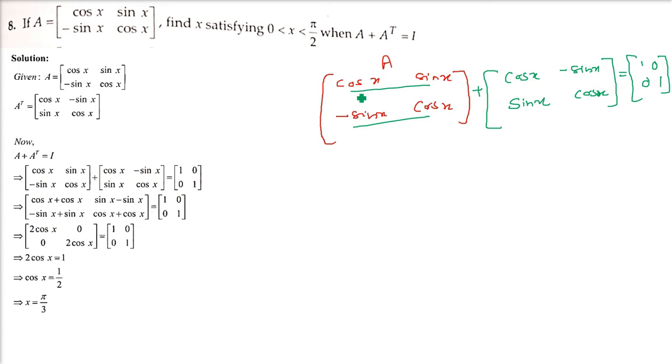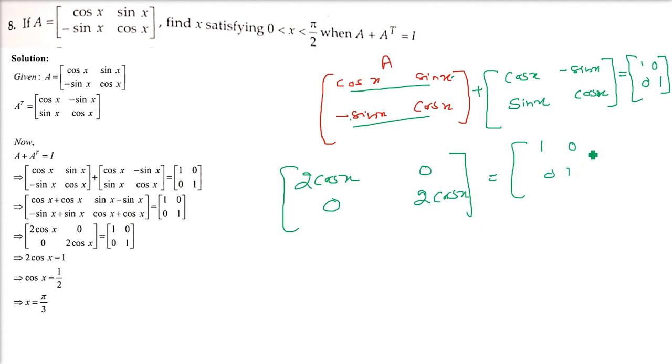Now just add this. Cos x and cos x is 2 cos x. Sin x minus sin x is 0. Minus sin x and sin x is 0. And cos x is 2 cos x. And this is equal to 1, 0, 0, 1. So basically 2 cos x is equal to 1. If you equate both of these, 2 cos x equals 1, cos x is half.